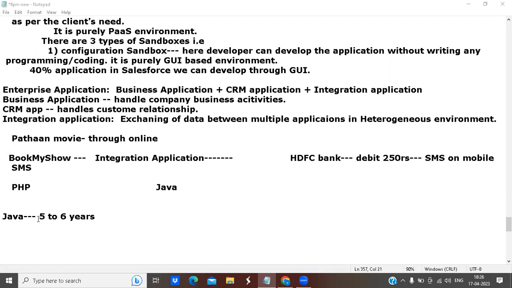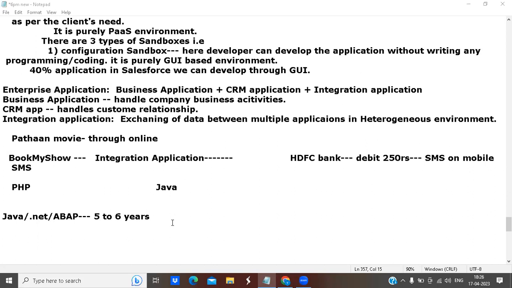Yes, sir. So if you want to develop the enterprise application using Java technology, it takes a minimum of 5 to 6 years. Not only Java, but any other technology like .NET, ABAP, or Python, takes a minimum of 5 to 6 years to complete or develop the application.